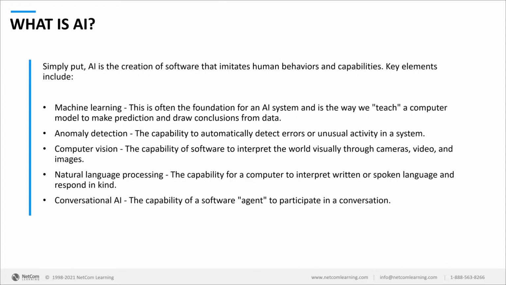Well, artificial intelligence, as the slide says, is the creation of software that imitates human behaviors and capabilities. For any of you that have ever seen the television show Star Trek: The Next Generation, I'm sure you'll remember the character Data, right?